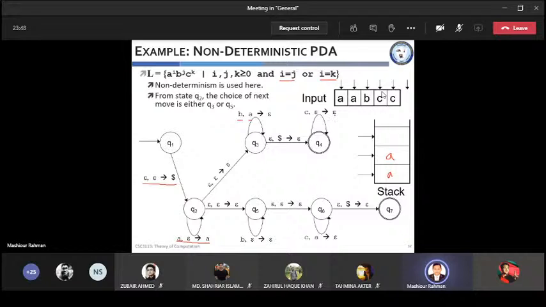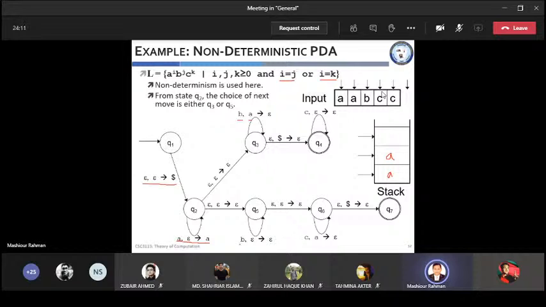I'll not do anything on the stack because my stack operation is already done. If there were 2 b's, this is the branch that works for the number of a's equal to the number of b's.